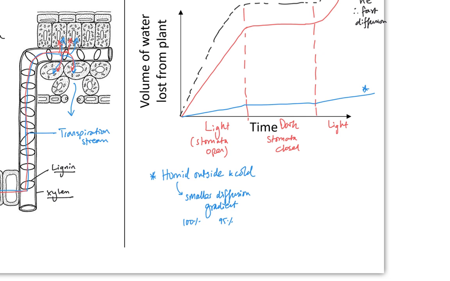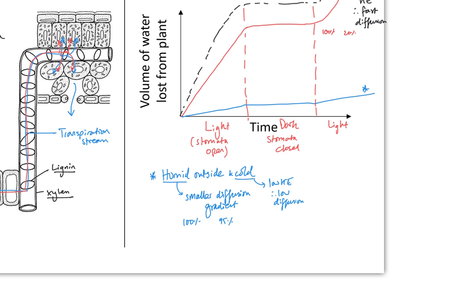On my red line, it might be 100% inside the leaf, and outside the leaf it could be 20% humidity. Therefore there's a big difference, and therefore there's a steep gradient. And if it's cold, there's low kinetic energy, therefore low diffusion. So if it's dark, there's low transpiration, low water loss. When it's cold, there's low water loss. When it's humid outside, there's low water loss.